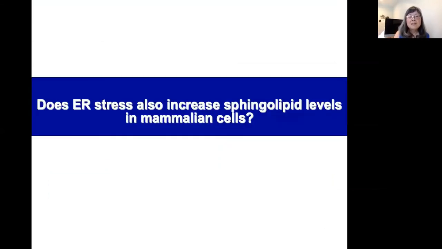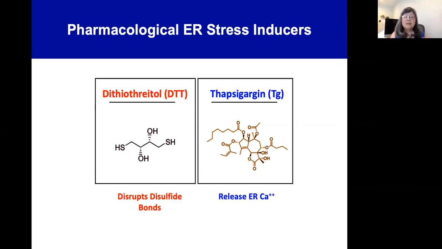And to ask this, we used pharmacological agents that are very well known to induce ER stress by different mechanisms. So for example, thapsigargin releases calcium from the ER and thereby induces UPR. DTT disrupts disulfide bonds, so it accumulates unfolded proteins, again in the ER.